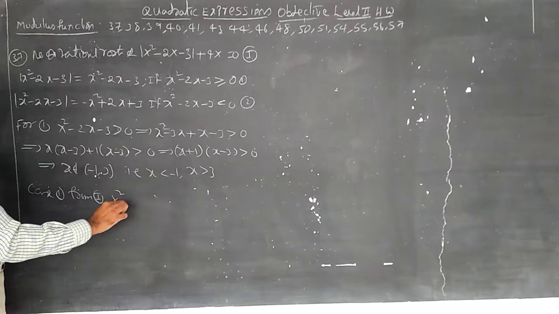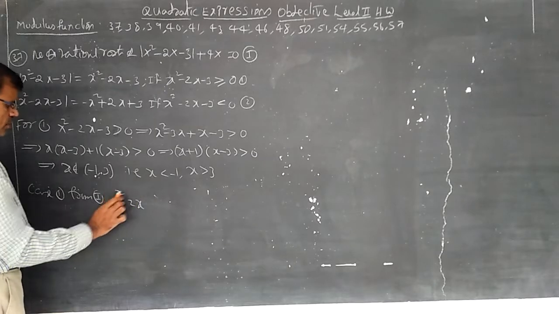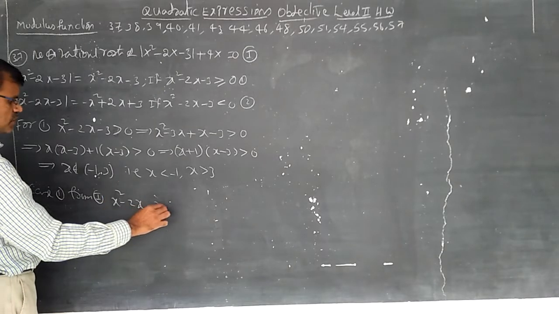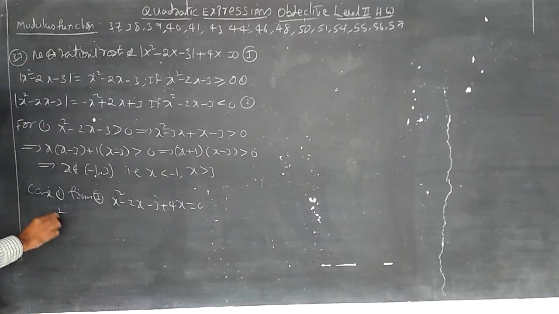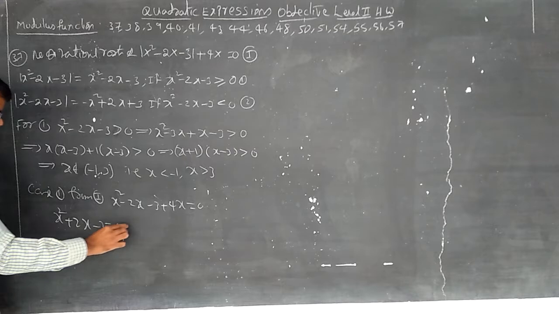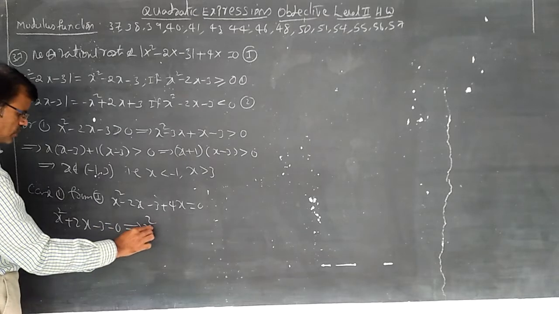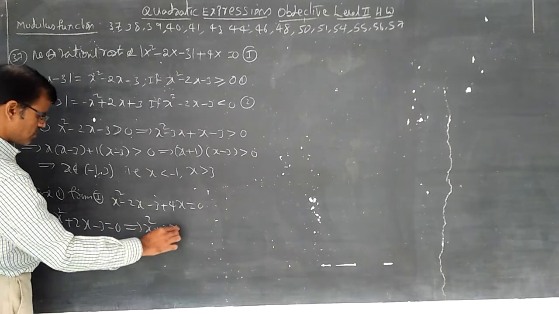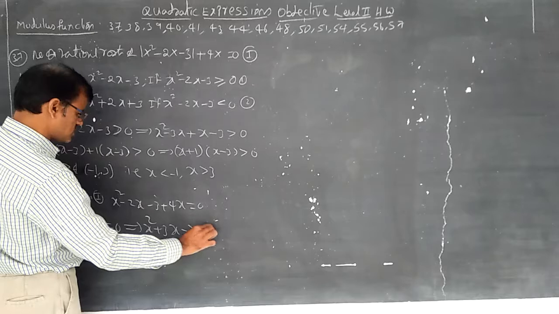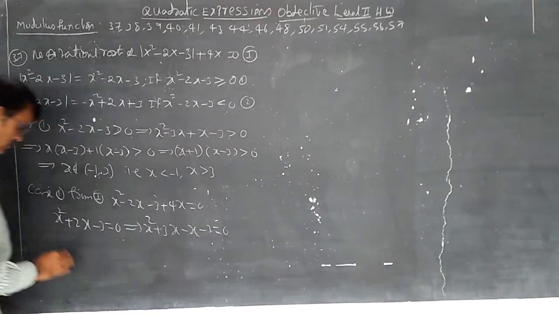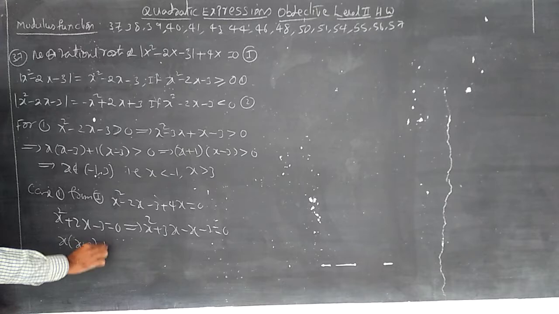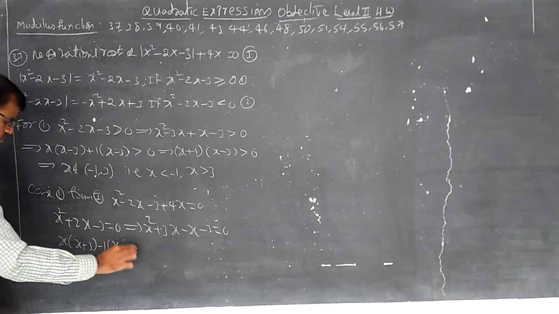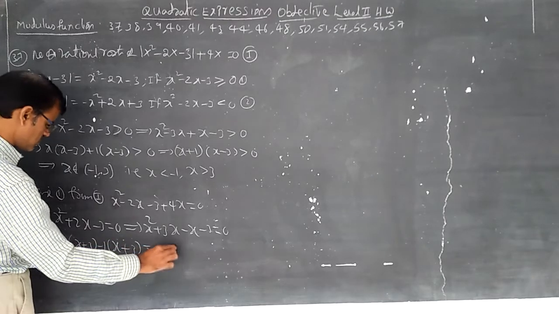Taking the modulus in the positive way: x square minus 2x minus 3 plus 4x is equal to 0. Now x square plus 2x minus 3 is equal to 0. That implies x square plus 3x minus x minus 3 is equal to 0. x taken common, it becomes x plus 3, minus 1 taken common, it becomes x plus 3 equal to 0.